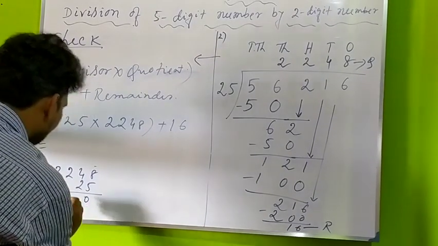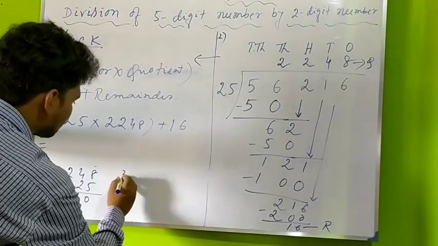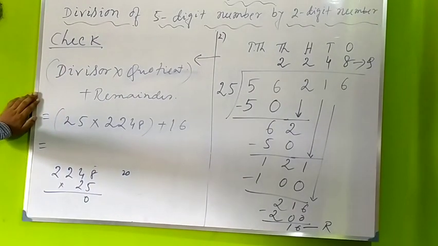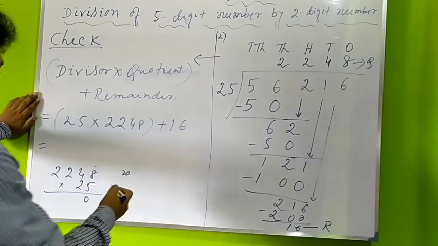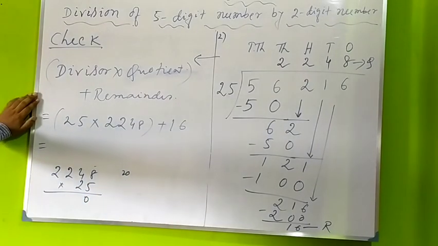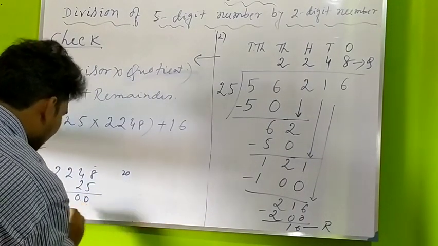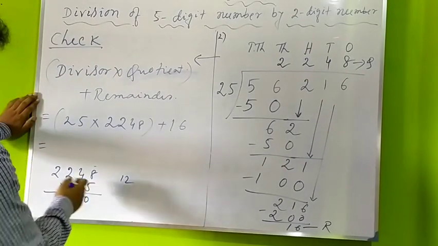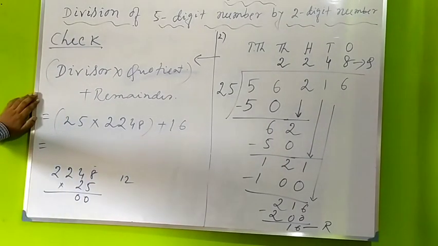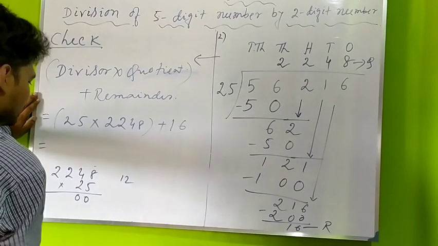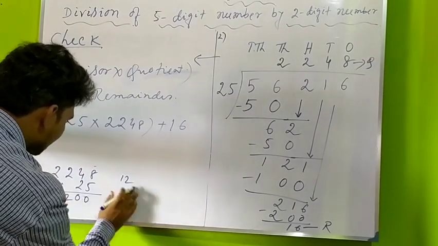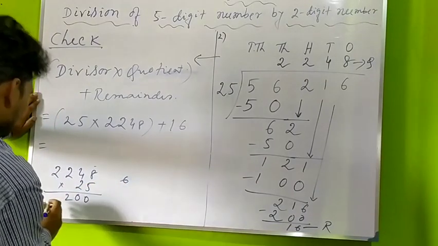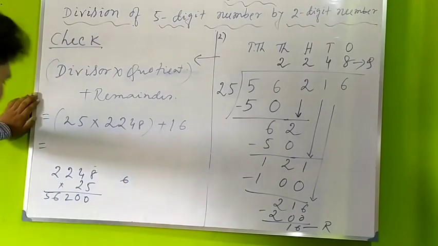So 0 is written and 20 is the carry. Now 4 into 25, that is 100. 100 plus 20, 120. So you write down 0 here. 12 is the carry. 25 into 2, that is 50. 50 plus 12, 62. 2 is written, 6 is carry. And 2 into 25, again 50 plus 6, that is 56.